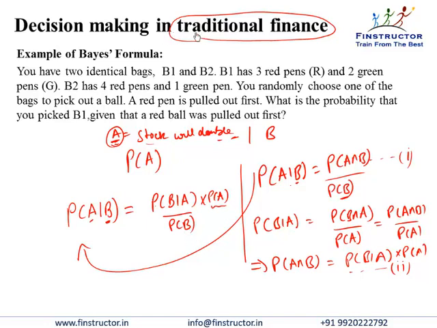So traditional finance says that investors have some analytical probability and then they keep updating their probability as new news and new information hits the market. All investors do this at the same time and stocks react instantly, so the market at all points in time is efficient. So please use the Bayes theorem and solve the example.